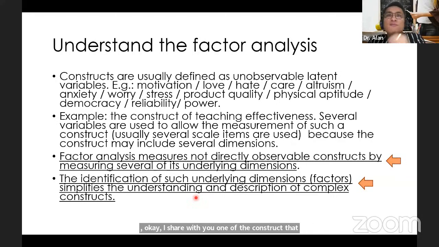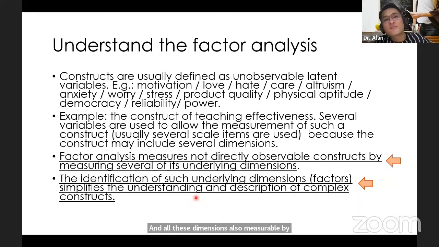If you're familiar with the scholar Tessana Moran, she tries to identify teaching effectiveness based on three different dimensions. Meaning, she doesn't want to just measure teaching effectiveness by using a single identity. She needs to relate to three different dimensions, and all these dimensions are also measurable by a few identities.